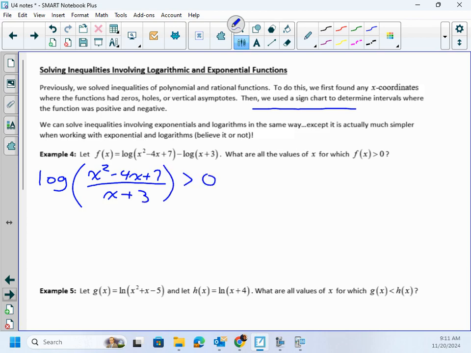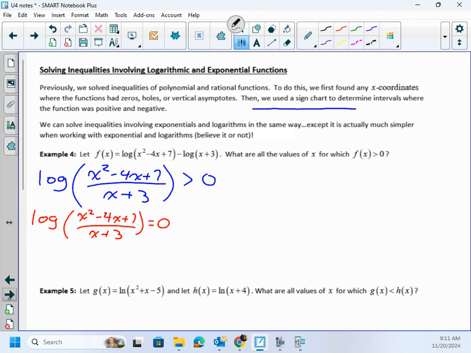And I'm going to say that this has to be greater than 0. So that means I want to know where this thing is equal to 0. When it's greater than 0, I'm going to actually solve the equation equal to 0, because then I know where my values are on my sign chart.